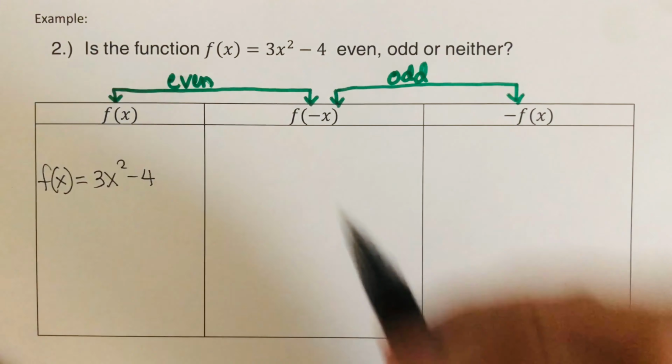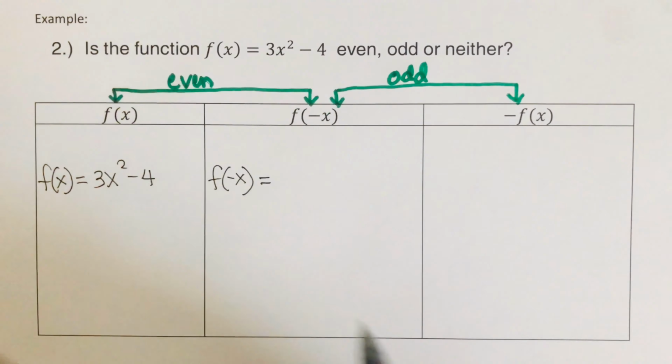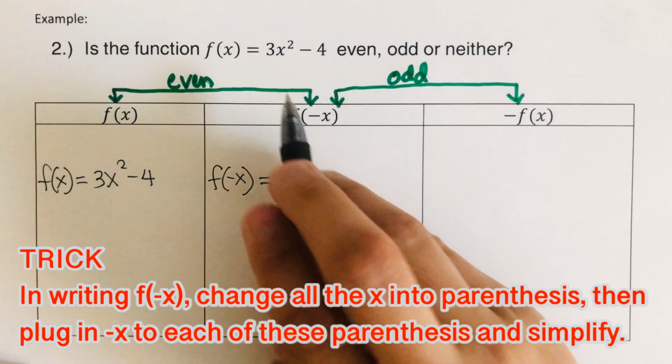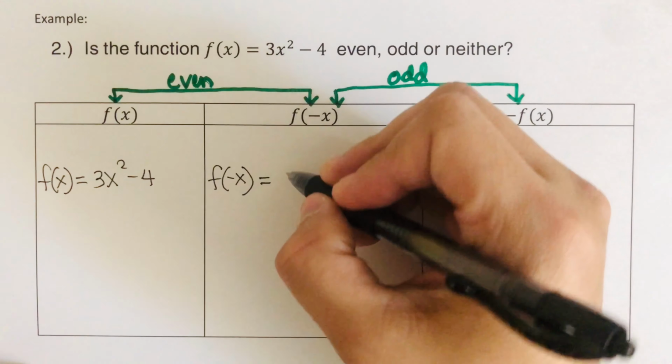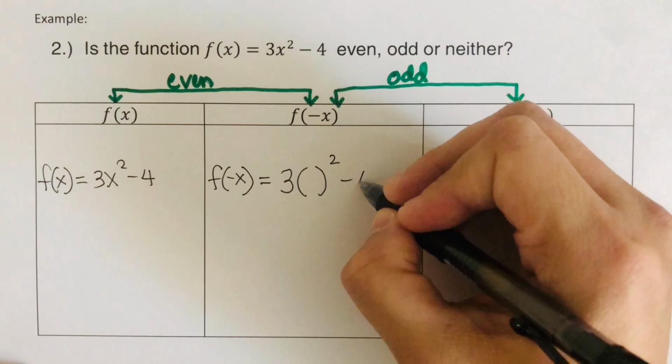Now, in order that I can write the f of negative x, again, the trick is we change all the x's into a parentheses and then plug in the negative x to it and simplify. So I'm going to rewrite it, but this time around I will change the x into a parentheses. So that would be 3 parentheses squared minus 4.